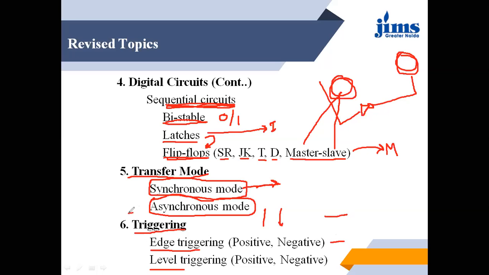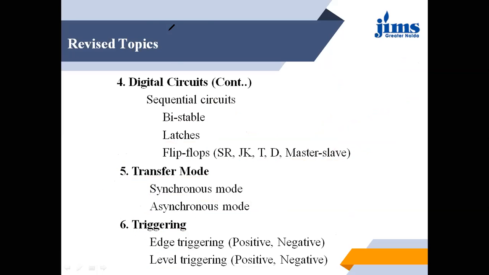Triggering is a method that tells when the value of the flip-flop is going to change, as transfer mode tells how the values of the flip-flops are going to change. These things we all discuss over here.